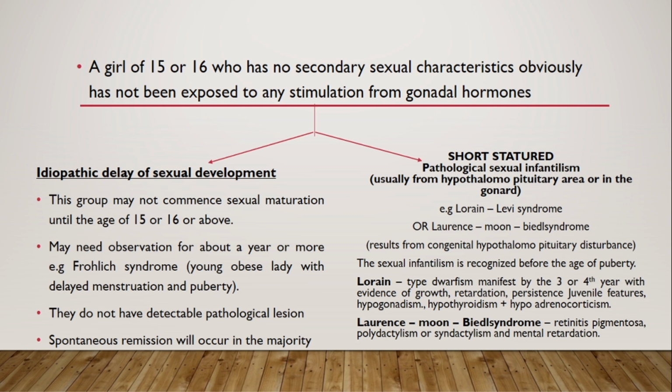The gonadal hormones I talked about, estrogen and progesterone, come from a properly coordinated hypothalamic-pituitary-ovarian axis. We expect the gonadotrophin releasing factors to produce the gonadotrophins, LH and FSH, which stimulate the ovaries to produce estrogen and progesterone. And it's the estrogen that will start development of the secondary sexual characteristics.